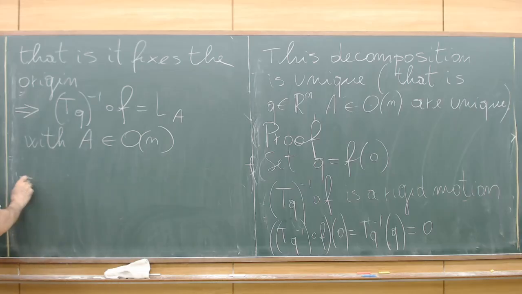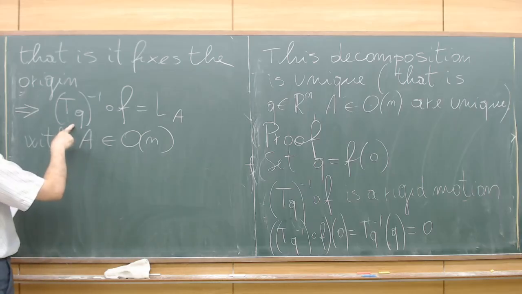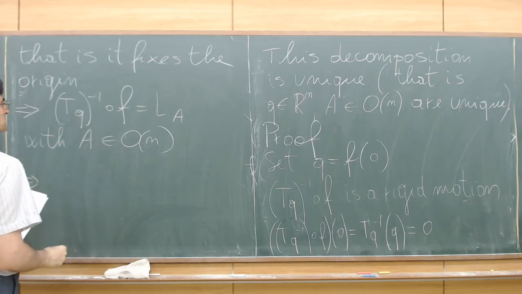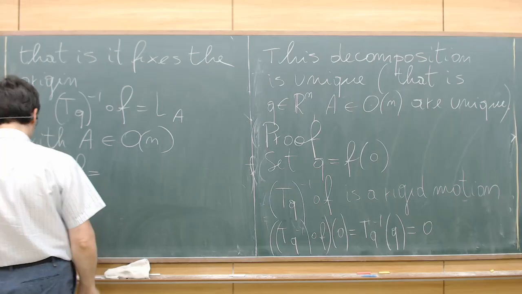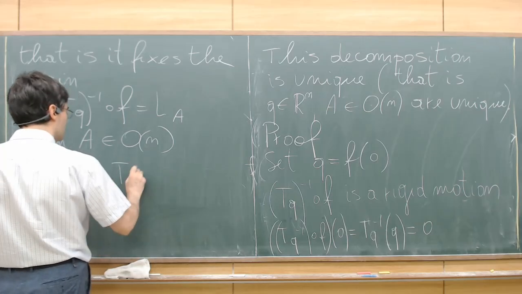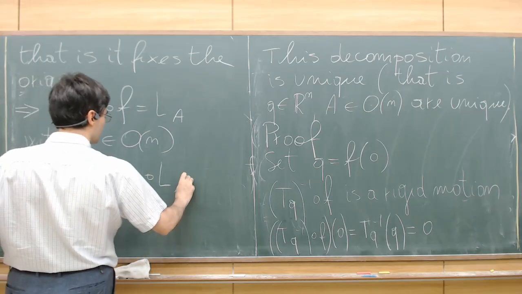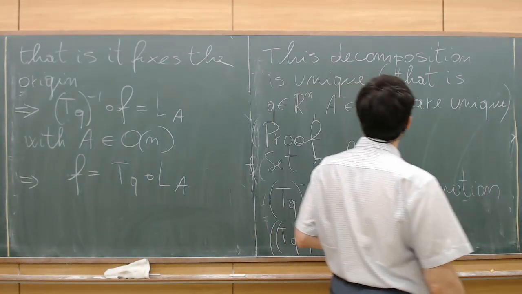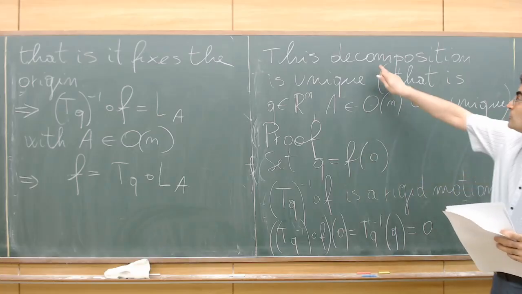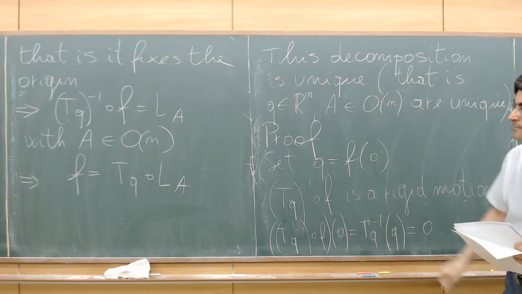And this implies that if you compose both sides with TQ, you get that F is equal to TQ composed with LA. So now we have to prove only that the decomposition is unique.